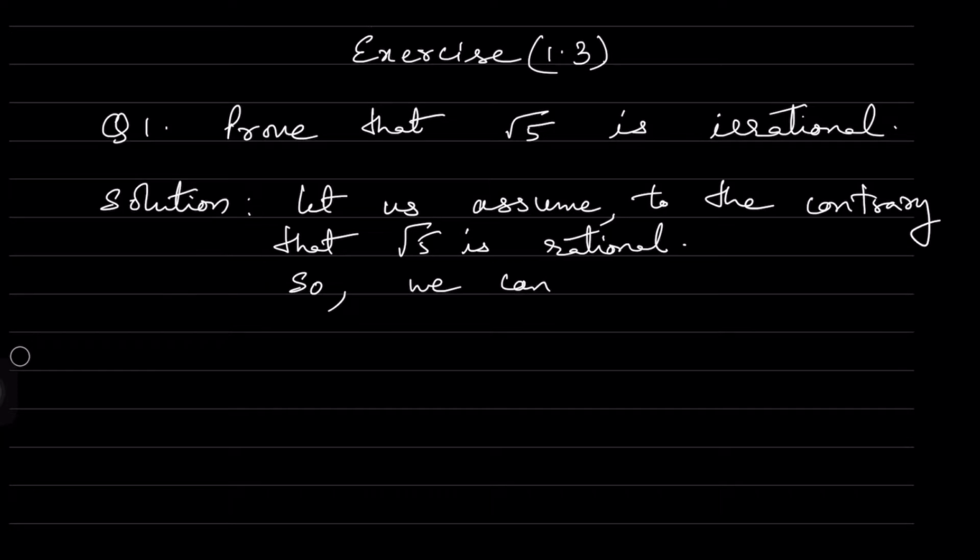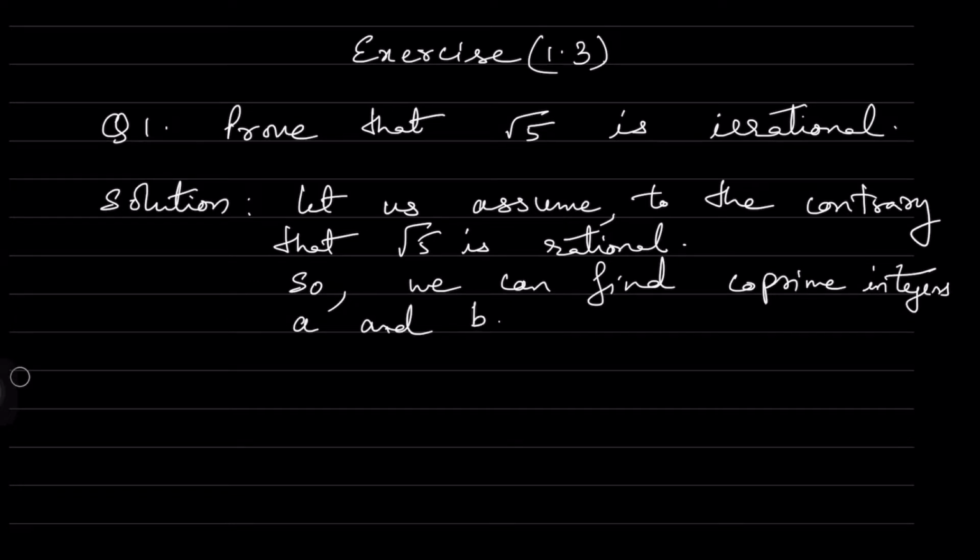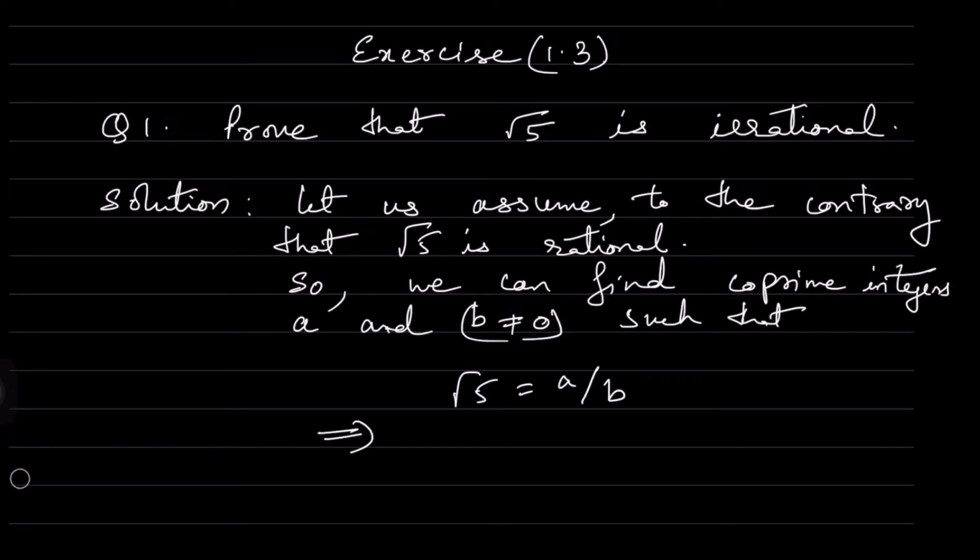So, we can find coprime integers a and b such that b is not equal to 0, such that root 5 is equal to a by b. Now we cross multiply.